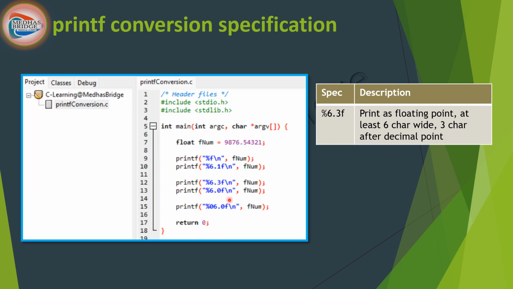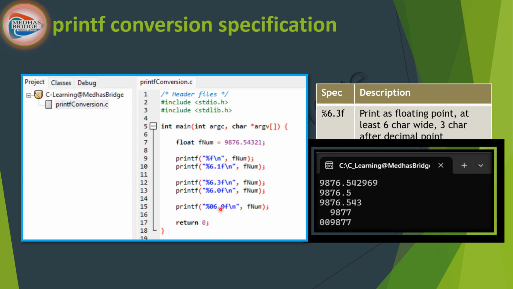If you look at the example, I have a float value, and these are my variants of printf statements. Let's see the first printf output and correlate it. The first one has no justification, just f, so it prints the float value as given, but there is garbage.